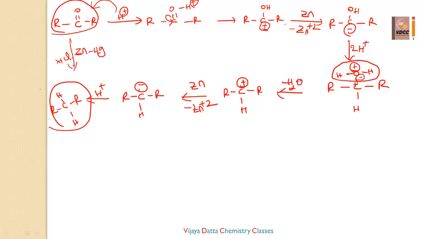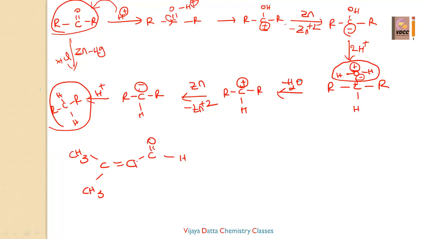If you come to the application part of this one, you have to check carbonyl compounds in presence of zinc amalgam. Wherever you see a carbonyl compound, it immediately converts into the hydrocarbons. Alpha beta unsaturated carbonyl compounds also undergo this reaction. Take CH3-CH=CH-CHO.